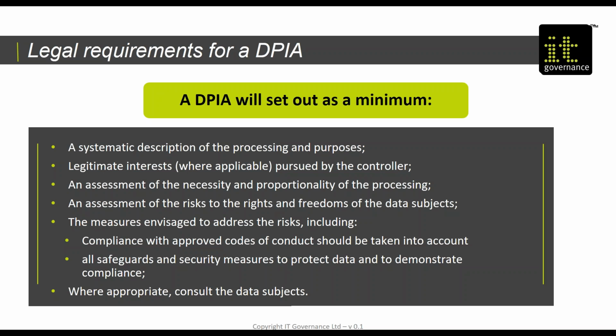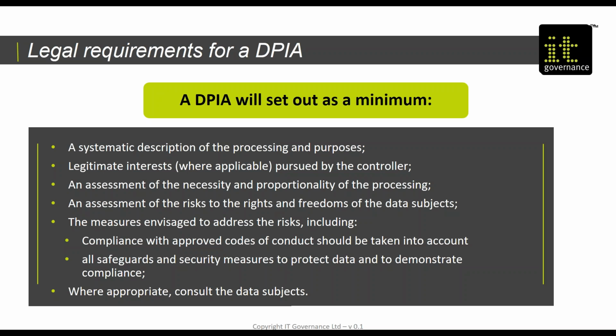You have to assess risks to the rights and freedoms of data subjects. And again, you need to be doing this on a systematic and structured basis. You can't just go, nah, that doesn't matter, we'll ignore that. It has to be something that you're going to be able to demonstrate, if necessary in a court, was an appropriate mechanism for assessing risks.